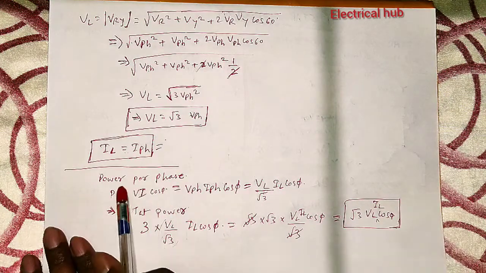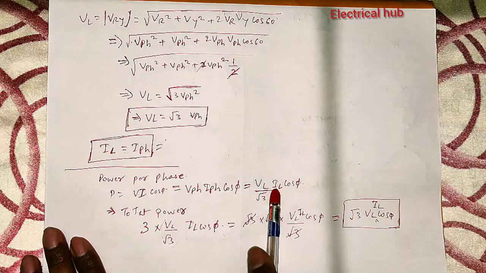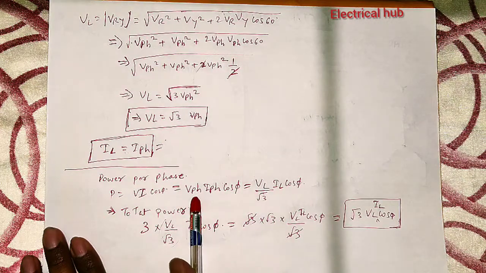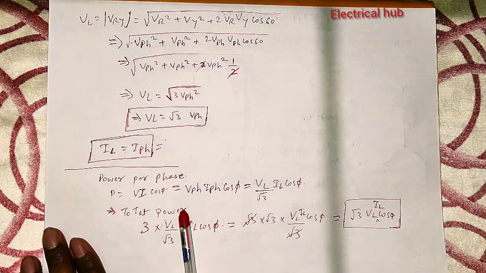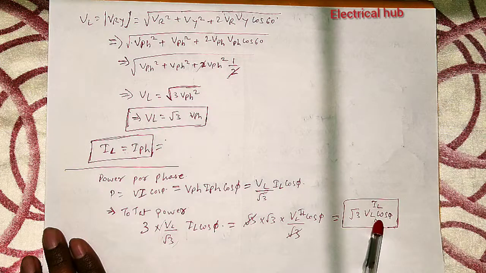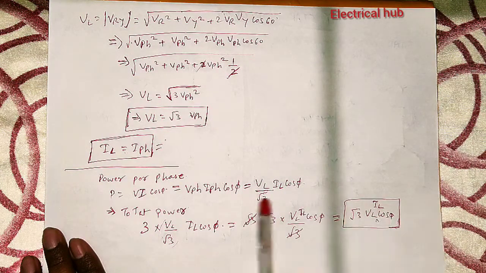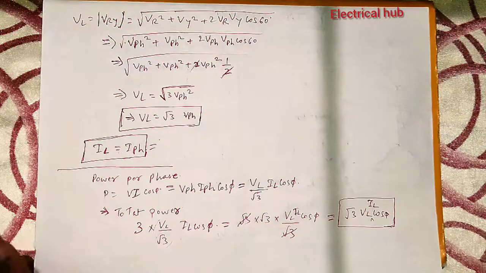And at last the power per phase, which will become VL by root 3 IL cos phi in terms of line voltage, and in terms of phase voltage it will be VPH IPH cos phi. If we take out the total power, it will become root 3 VL IL cos phi in terms of line voltage. And if you want the power in terms of phase voltage, it will become 3 VPH IPH cos phi. Quite similar. Thank you.